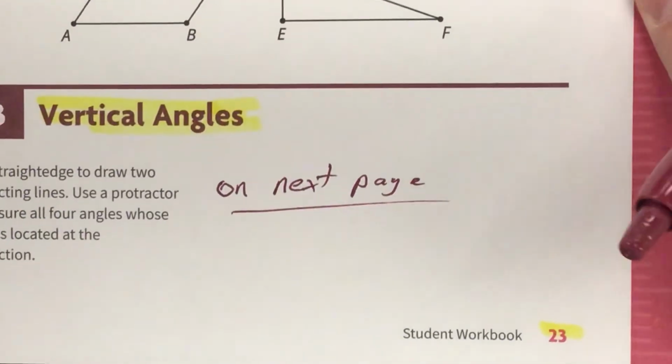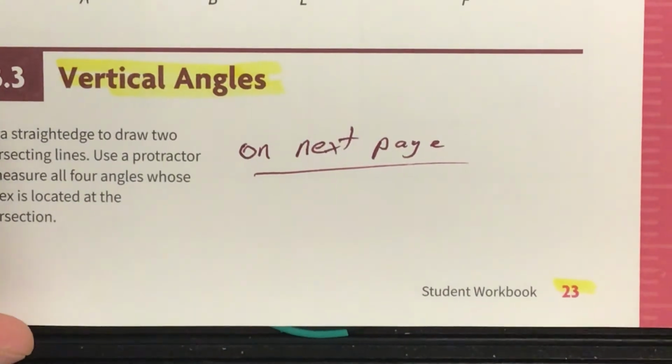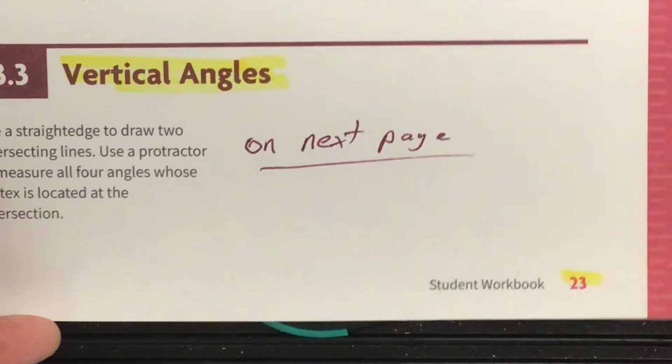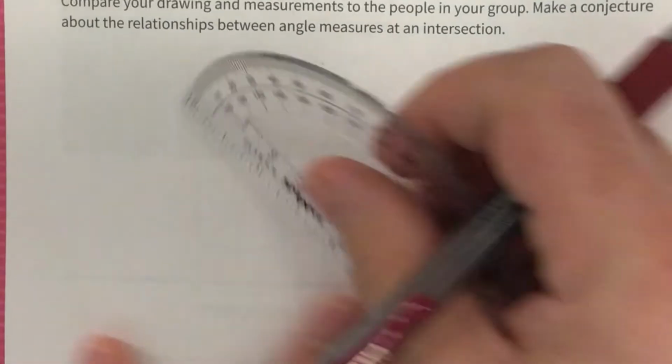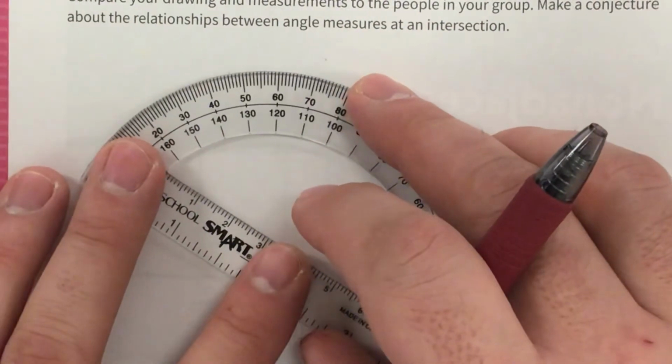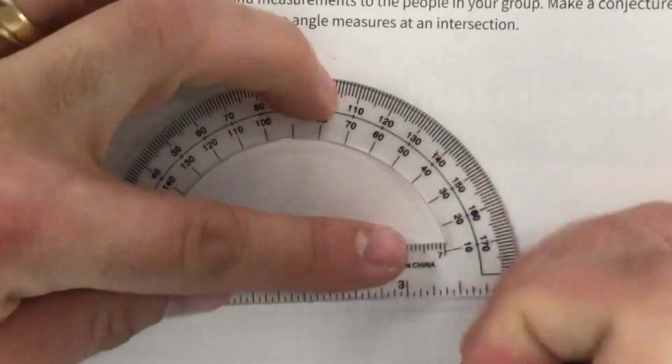All right. We're on page 23 now. We're going to talk about one last term here: vertical angles, and we're going to do this on the next page. On this page, we're just going to draw a pair of intersecting lines. I don't really care what they look like.